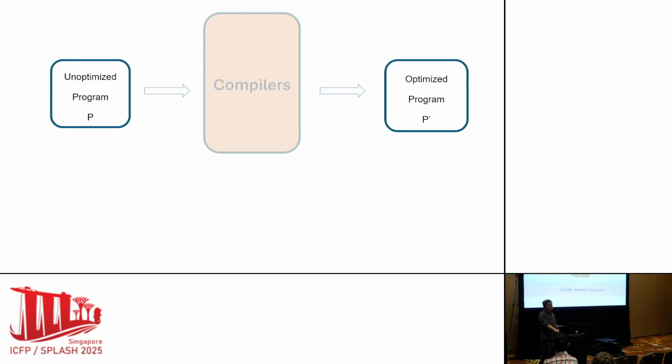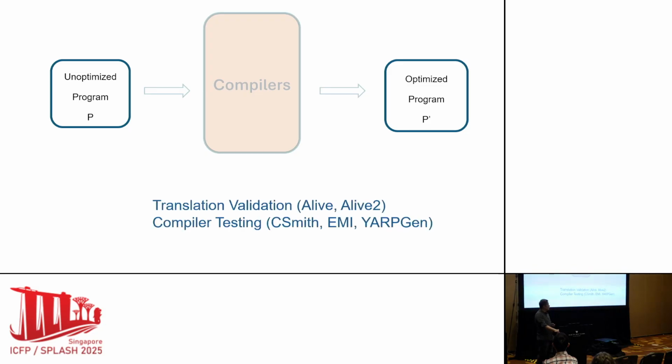On the other hand, compiler testing and validation focuses on reasoning about the external behavior of your compilers. Some typical examples are translation validation and compiler testing. In today's talk, we'll be focusing on compiler testing and validation.